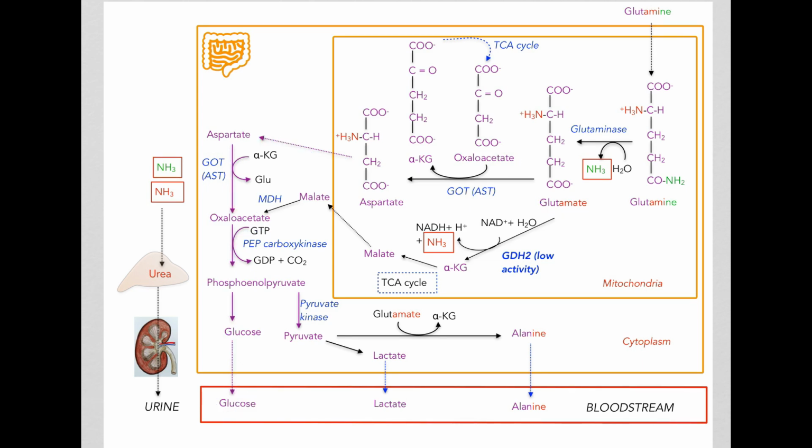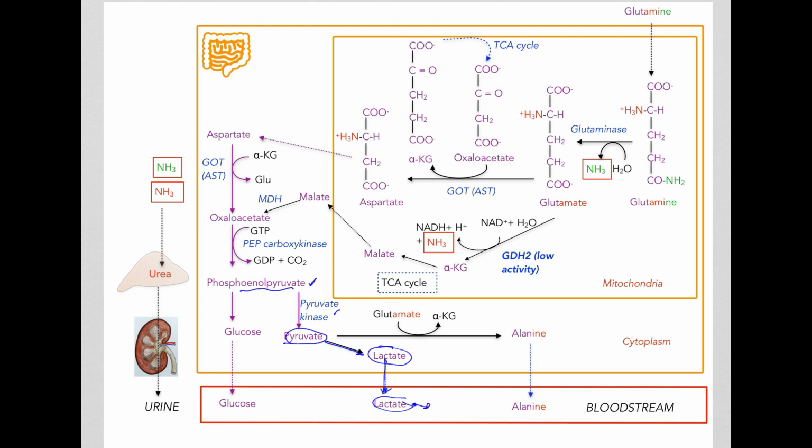Notice that on the way to making glucose, the phosphoenolpyruvate can also be converted into pyruvate by the enzyme pyruvate kinase. And this pyruvate can be made into lactate, and the intestine is also known to secrete considerable amounts of lactate, which, as you remember, is a gluconeogenesis substrate.